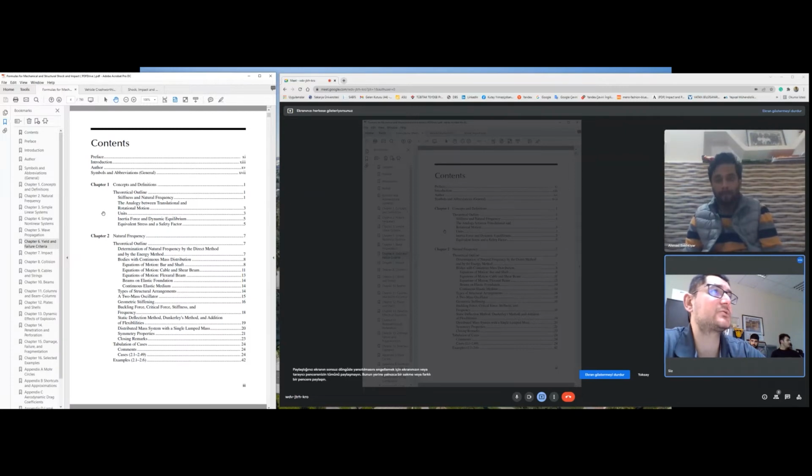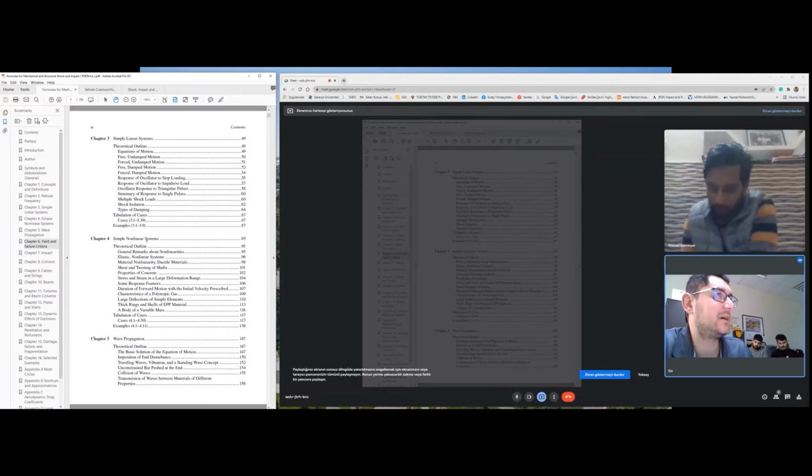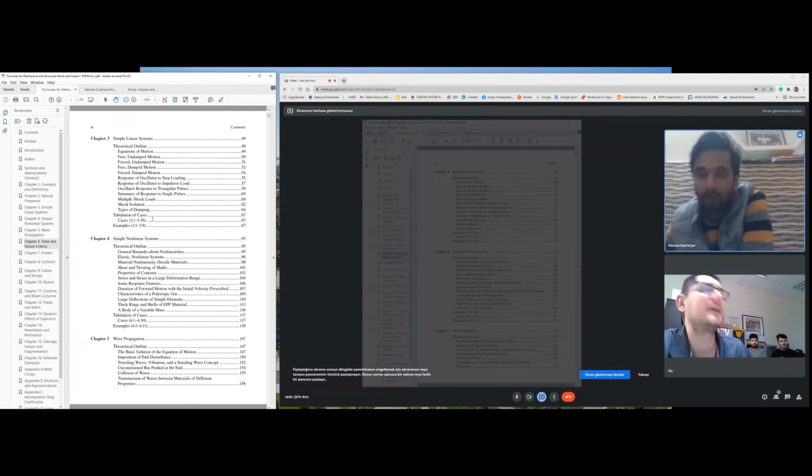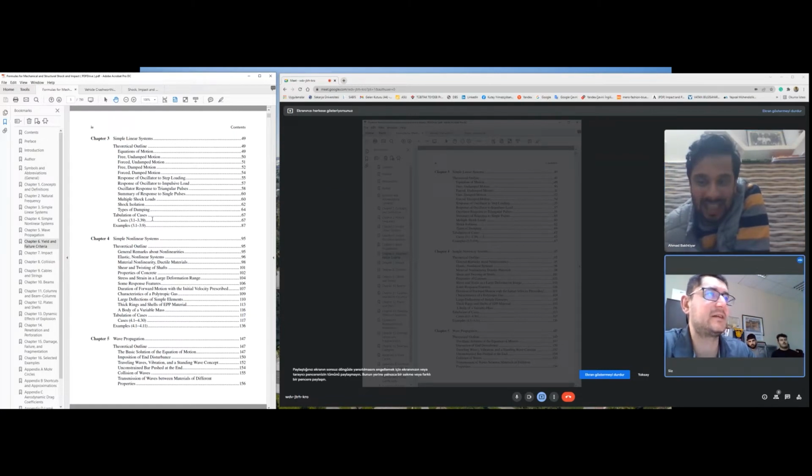Some of the books talk about vibration and initially natural frequency. Look here, for example, it initially talks about the natural frequency of the elements. It's not so important for us because our focus is not vibration and frequency. Maybe in the future we can take a look, but not now.